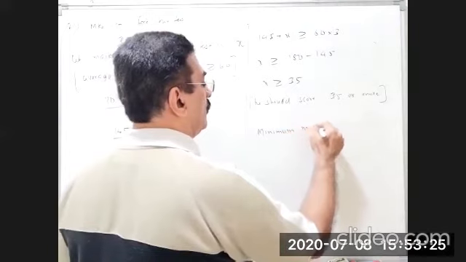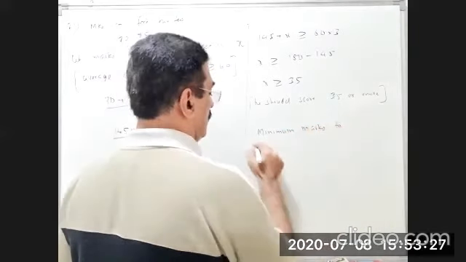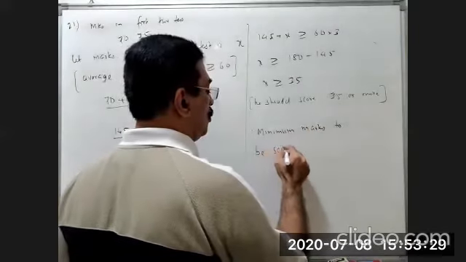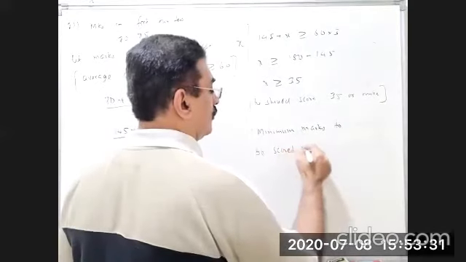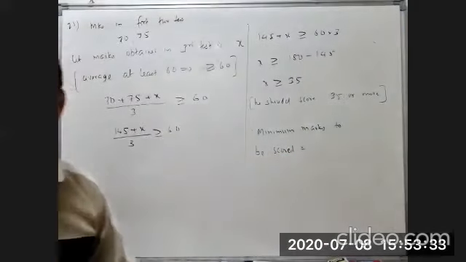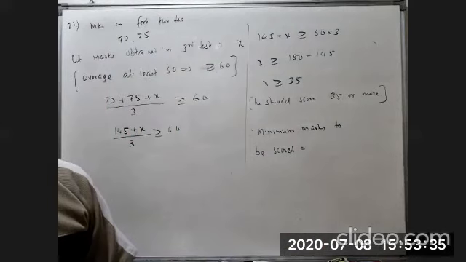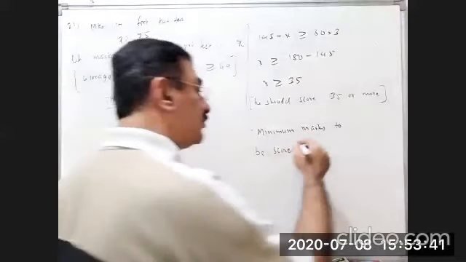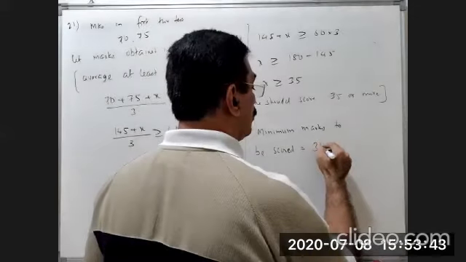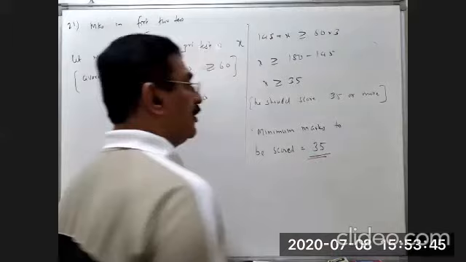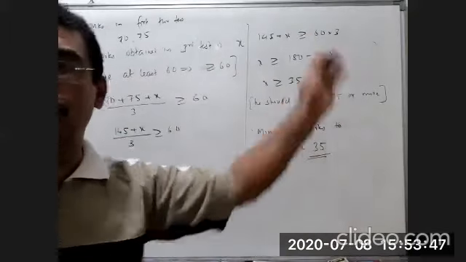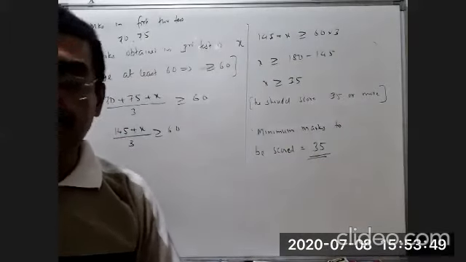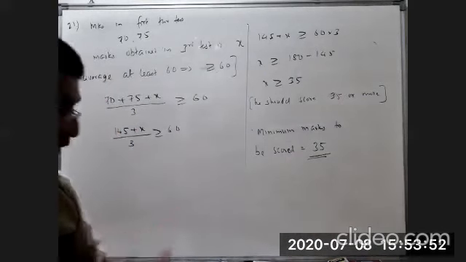The minimum marks to be scored is 35. It is not more than 35. You should score 35 or more to get the average score, but the question is to find the minimum marks, so the minimum marks is 35.